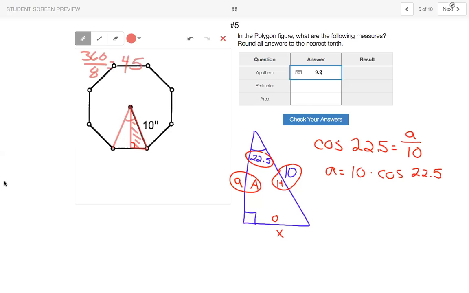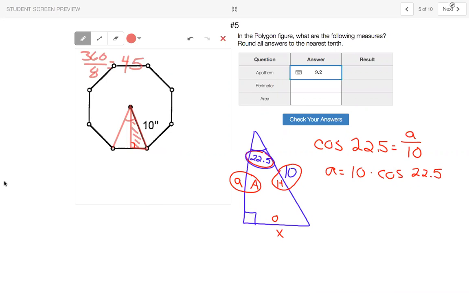Personally, I prefer using trig twice because it goes a little bit quicker when you set it up and plug it in your calculator. But if it makes more sense to use the Pythagorean theorem, we just solve for this length. So now we have 2 of the 3, and we could set it up and use the Pythagorean theorem. I'm going to use trig, but I have no problem with using Pythagorean theorem.